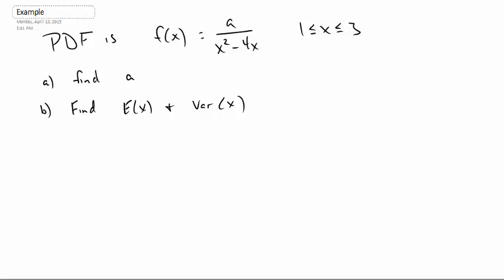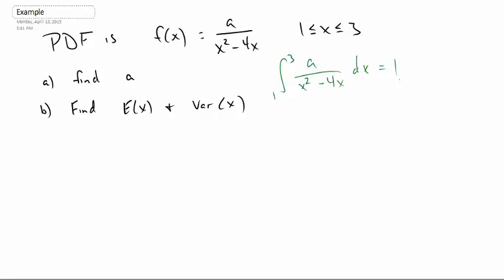So we have to go back to our definition of a probability density function. The integral from 1 to 3 of this function, a over x squared minus 4x dx, has to equal 1. So we need to evaluate this integral and solve for a, and this isn't a great one to evaluate.